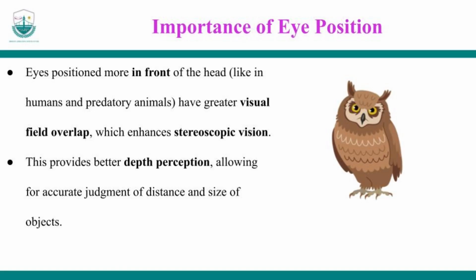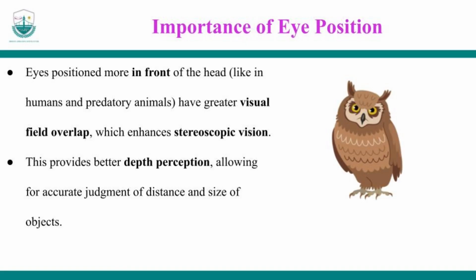Now, where are the eyes placed on an organism? And why is it very important that we know where the eyes are placed? The position of the eyes on an organism, or even in humans, is very important because it gives the organism a wider field of view.